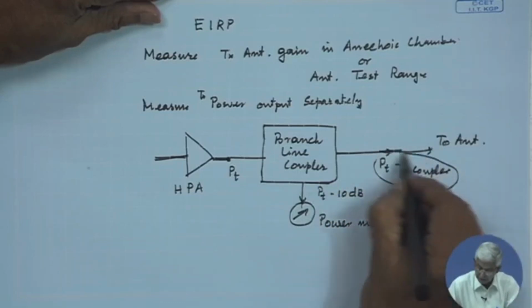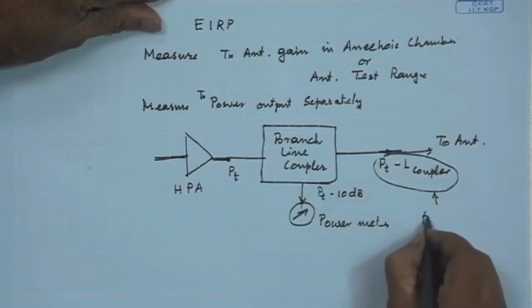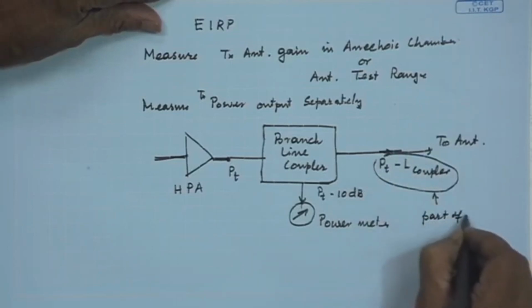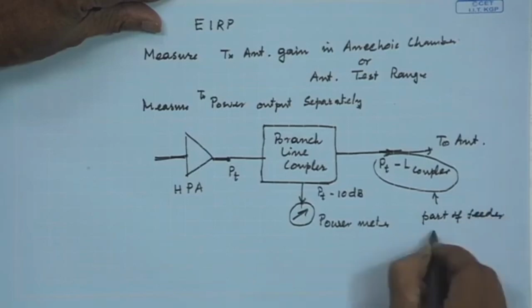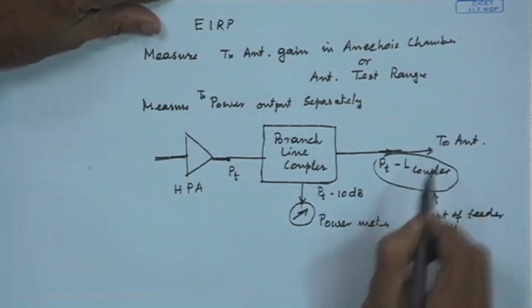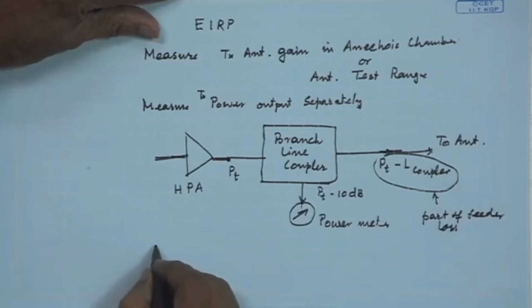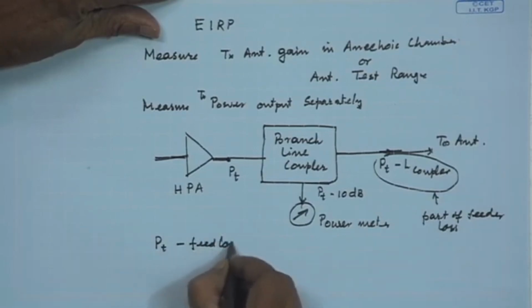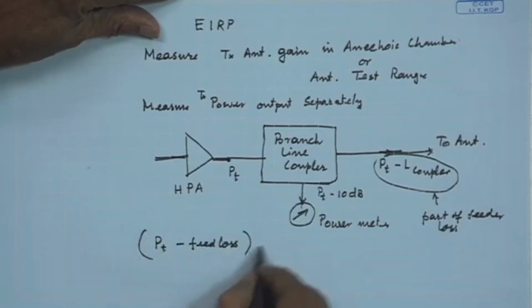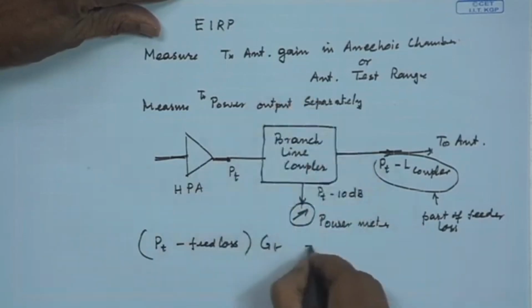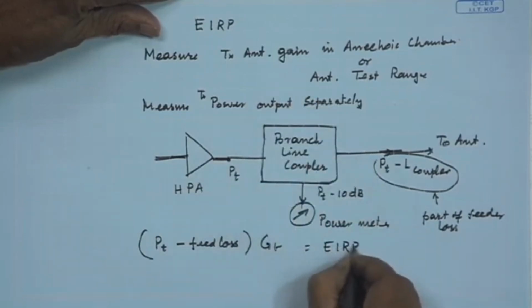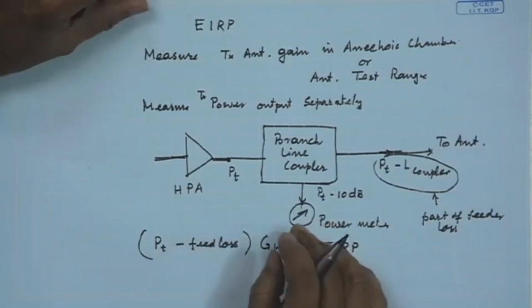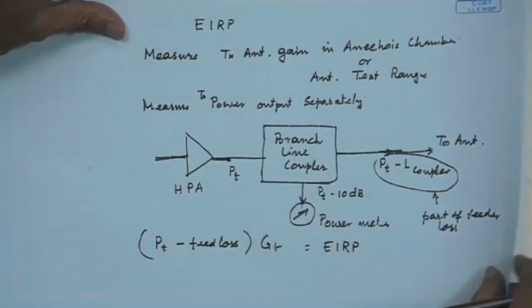This part is part of feeder loss. So, now the PT is known and feeder loss is known. This multiplied by GT, which is measured, gives us the EIRP. So, that is how we can partly measure and partly calculate the EIRP of the system.